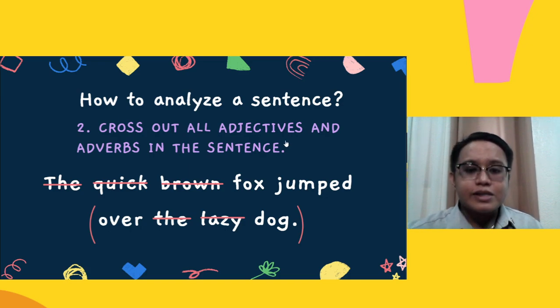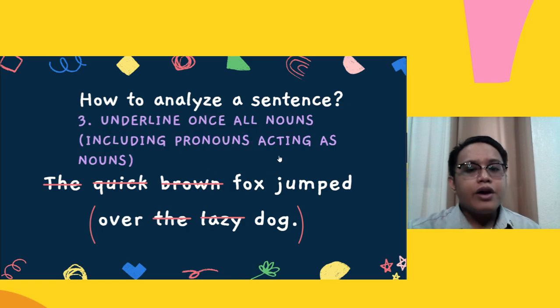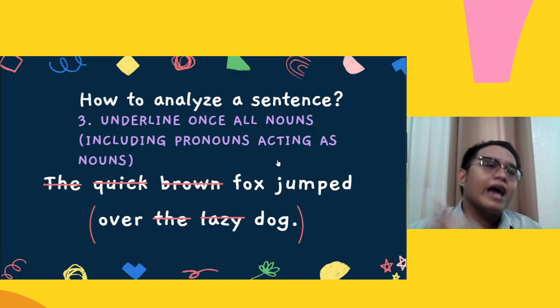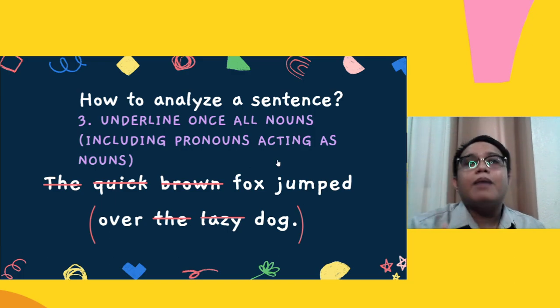The third step is to underline all nouns, including pronouns acting as nouns. Or the shorter version: underline once all nouns. All names of person, place, thing, idea, and the pronouns that are acting as nouns, we also need to underline them.